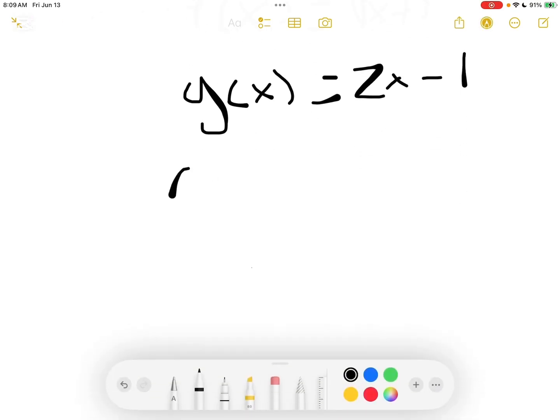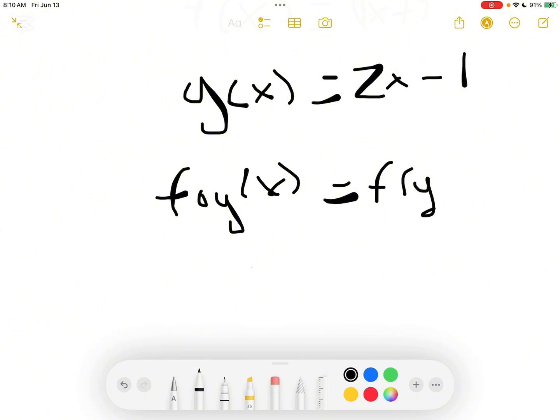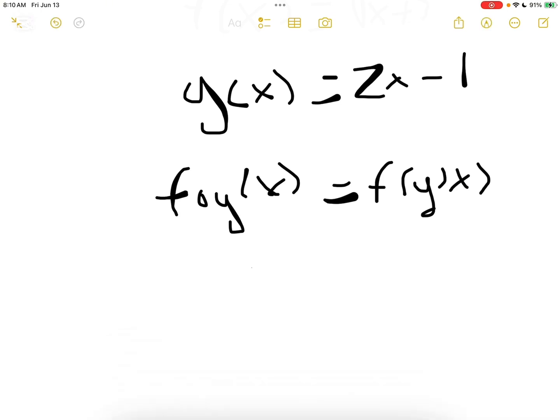All right, so let's start with f of g. Let's start with f of g of x. Okay, let's start by substituting in our 2x minus 1.